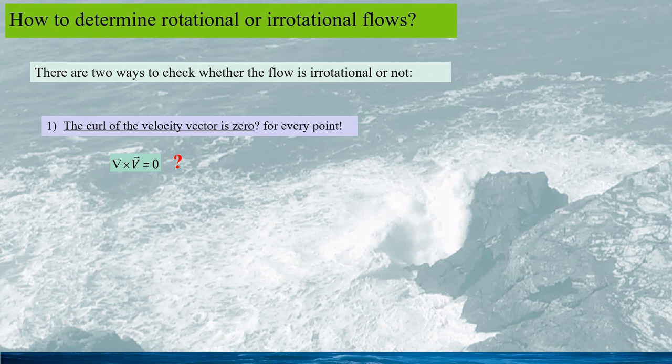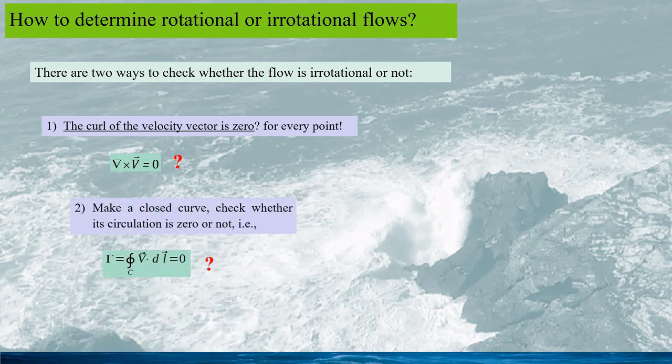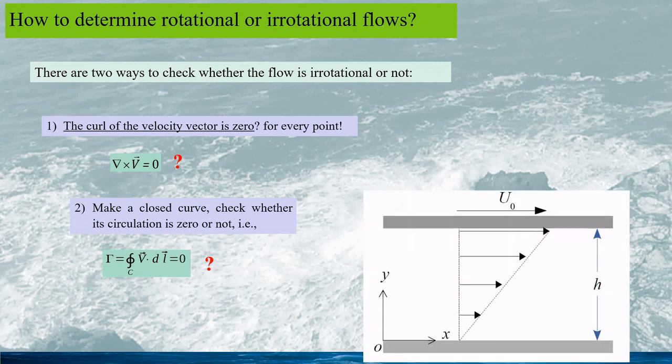We need to check every point in the fluid domain to see whether the curl of the velocity vector is zero. If not, then it is rotational flow. The second way is to make a closed curve, any closed curve in the fluid if you like, and check whether its circulation is zero. If it is not, then it is rotational flow.